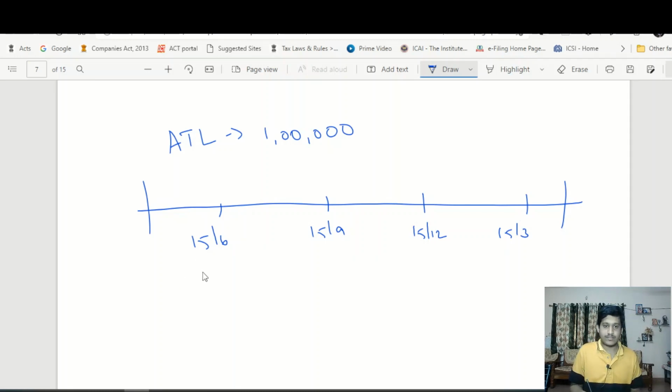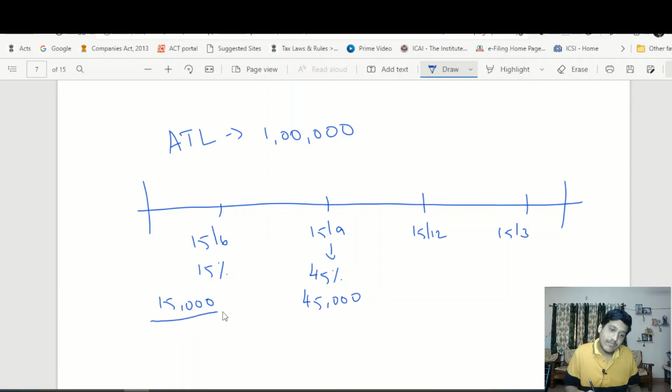So 15th of June, the advance tax liability is 15%, which makes it 15,000, as 15% of 1 lakh is 15,000. 15th of September, in total advance tax liability to be discharged is 45%, which means 45,000, but you have already remitted 15,000 in June. So on or before 15th of September, you have to remit the additional 30%, which is 30,000 rupees.